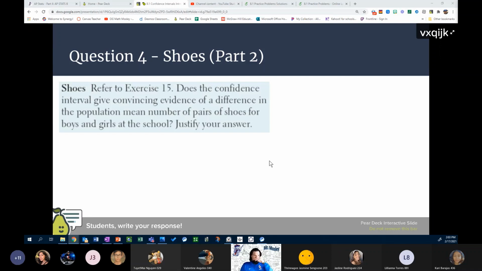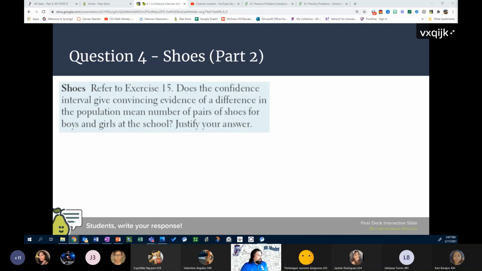Justify your answer. So in other words, based on that confidence interval, do we have convincing evidence, or do we believe that there is a difference in the mean number of pairs of shoes for boys and girls? That's the question we're answering here.